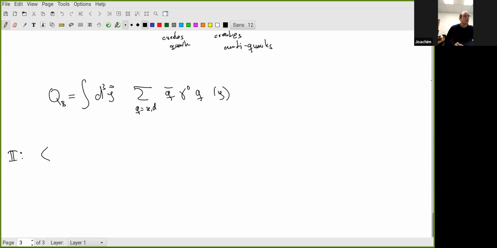So for this factor 2, we can just write A, I'm leaving out the arguments, and then sum over U and D, q bar gamma 0 q, is just given by momentum.